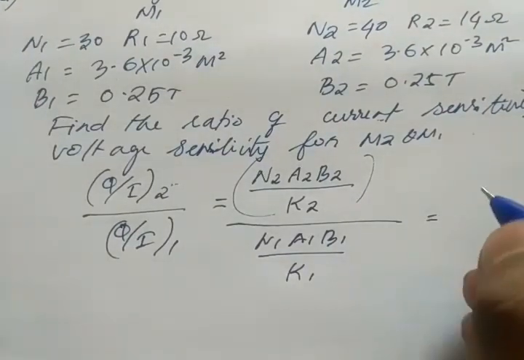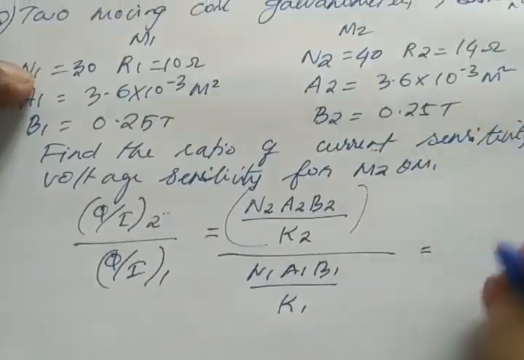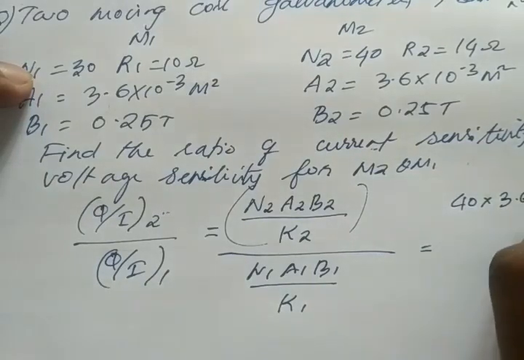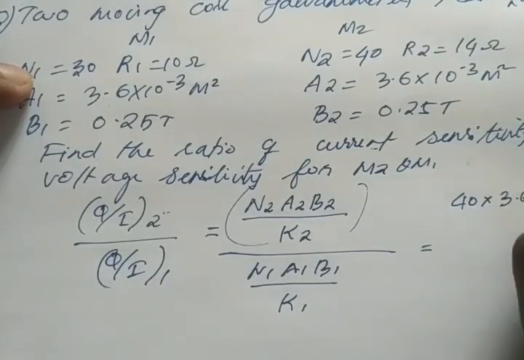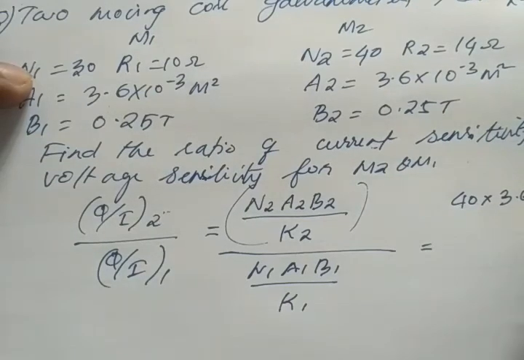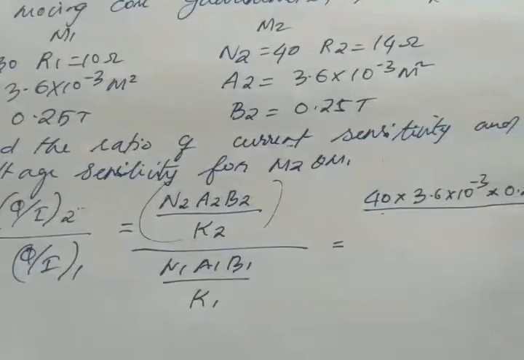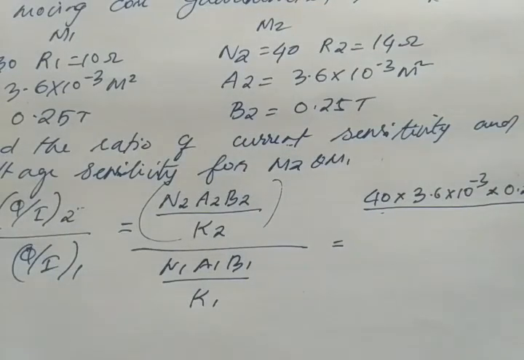Substitute all the values. What is N2? N2 is 40 turns, A2 is 3.6 into 10 power minus 3, B2 is 0.25 Tesla, divided by K2. K2 is not given, but it is the same wire, so K1 and K2 are equal and both get cancelled. Divided by N1 A1 B1.